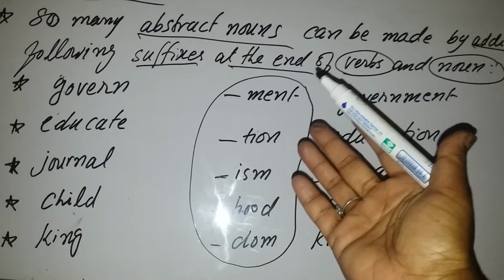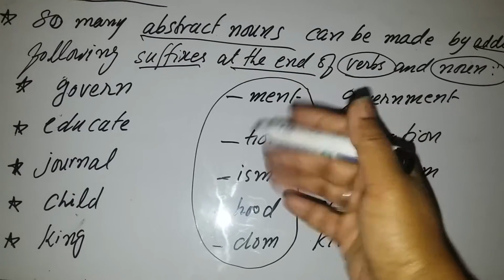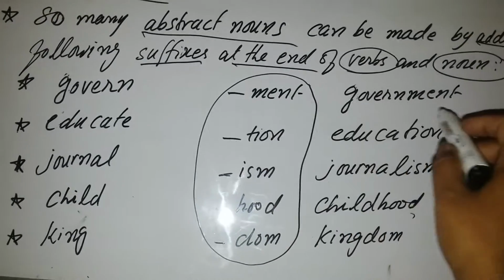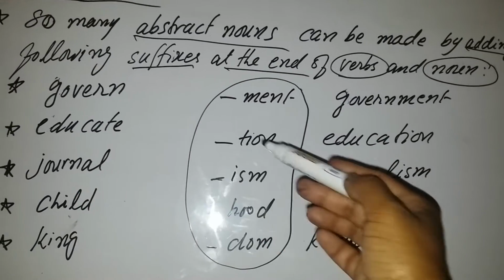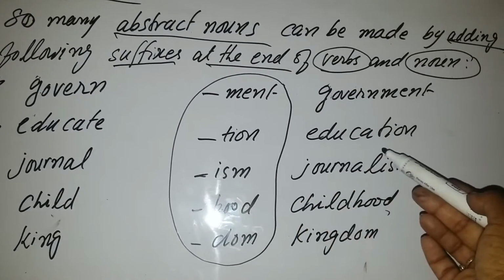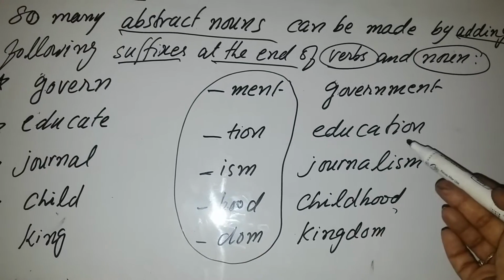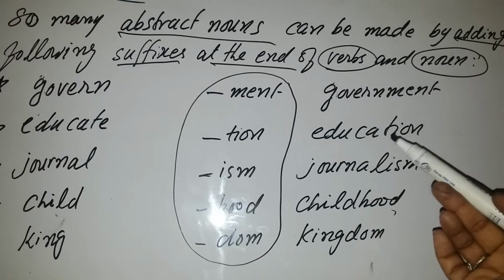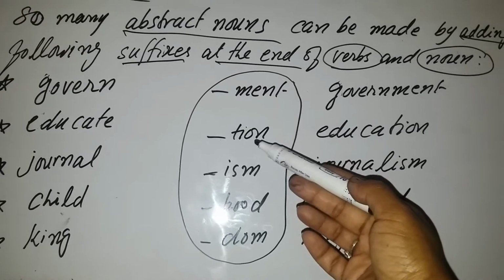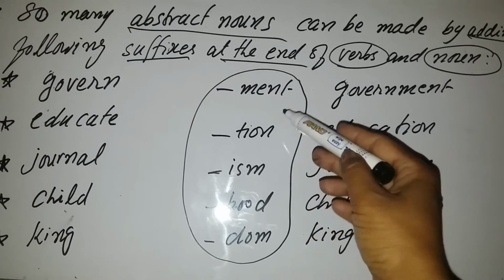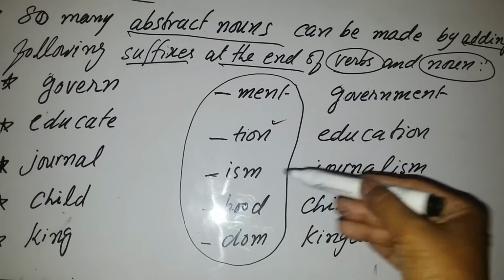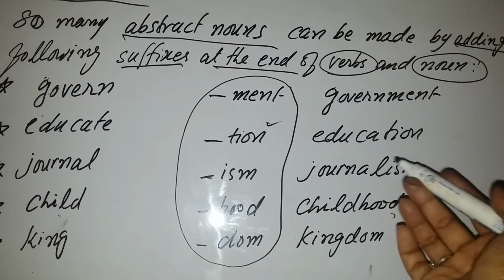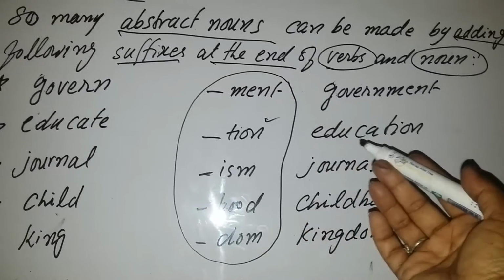Similarly, educate is a verb and we put tion after it, and it becomes education. Now education is an abstract noun. Similarly, all words which end with tion will be called abstract nouns, for example education, promotion and other words.